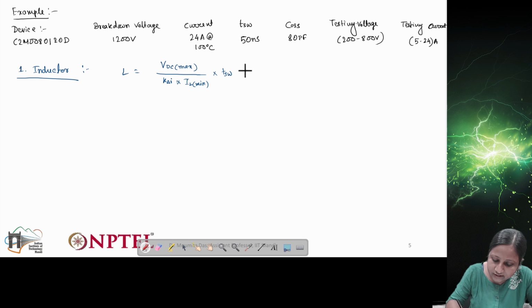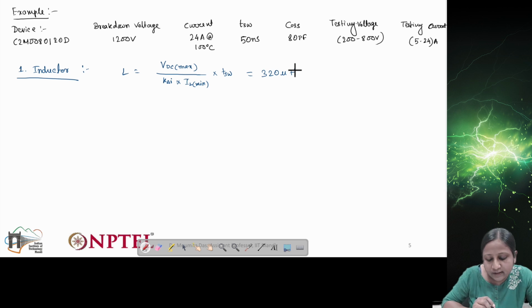So with 25% K delta I, VDC maximum as 800 volts, IL minimum as 5 amperes, and TSW as 50 nanosecond, what do we get? We get a value equal to 320 microhenry.